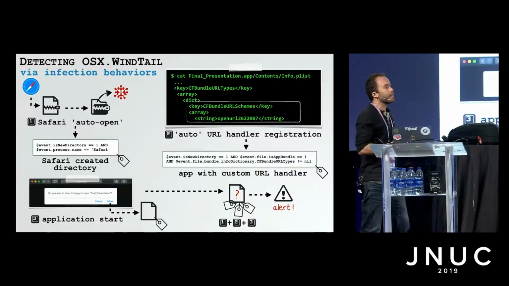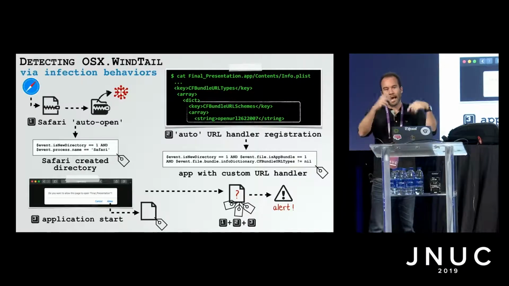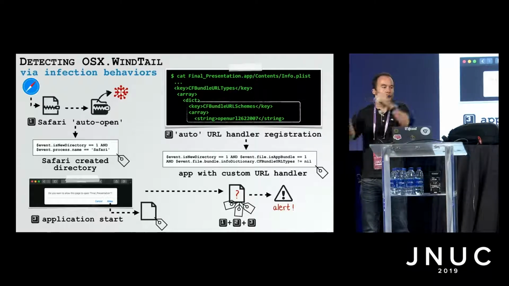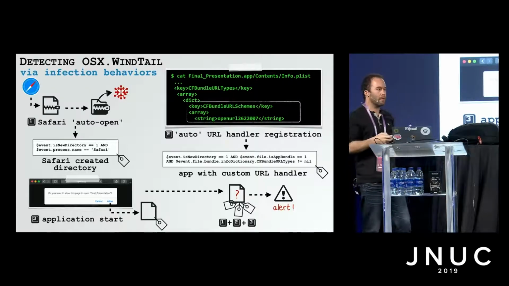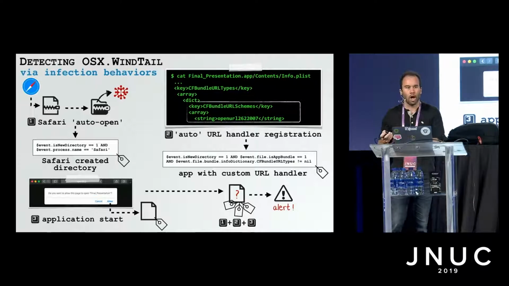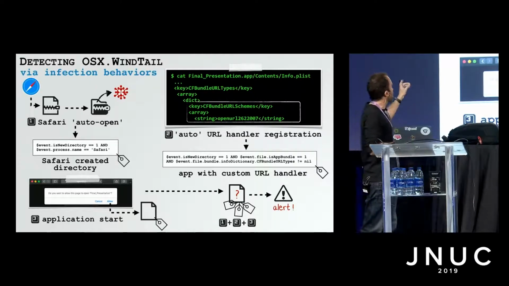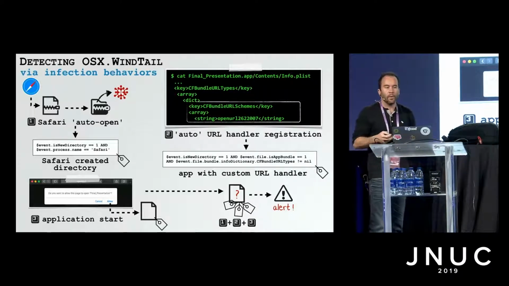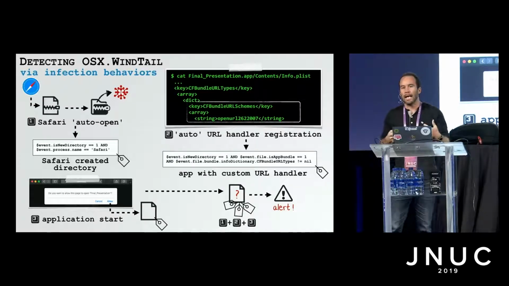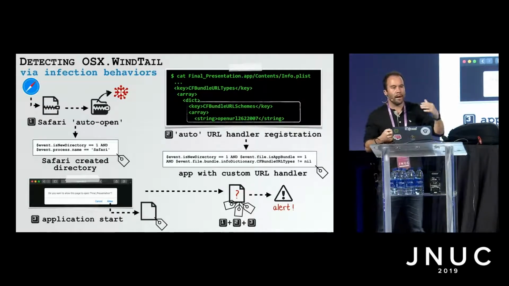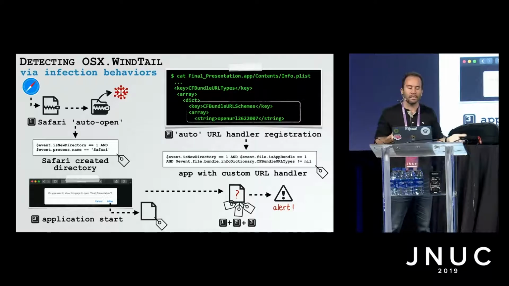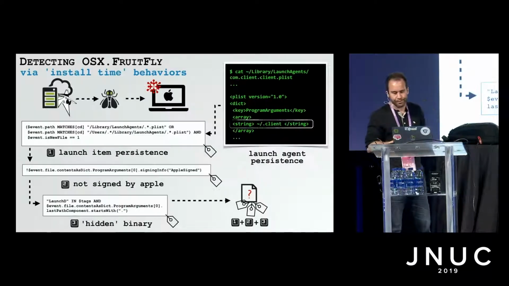And then in step 3, we can see that the application that was downloaded and registered a URL handler was also automatically executed from a web page, basically launching the attack. So cumulatively, once we observe all 3 of these actions, we can generate an alert basically saying, hey, just to let you know, something automatically was launched on the system, this is probably something you want to take a closer look at.